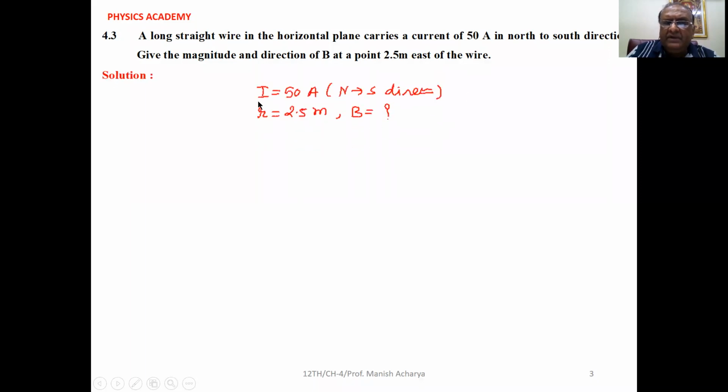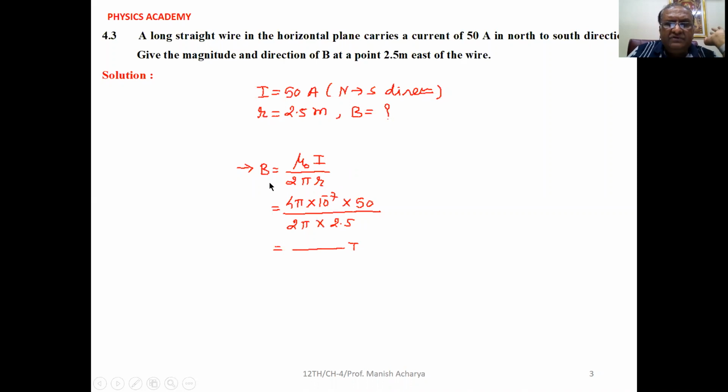Now see, current, that is 50 ampere, is in the direction north to south. Now the point is at distance 2.5 meter from the wire. We want to calculate magnitude of magnetic field at that point, as well as we have to fix its direction.